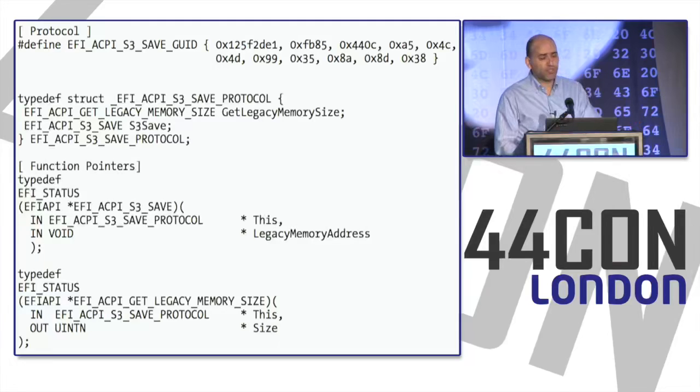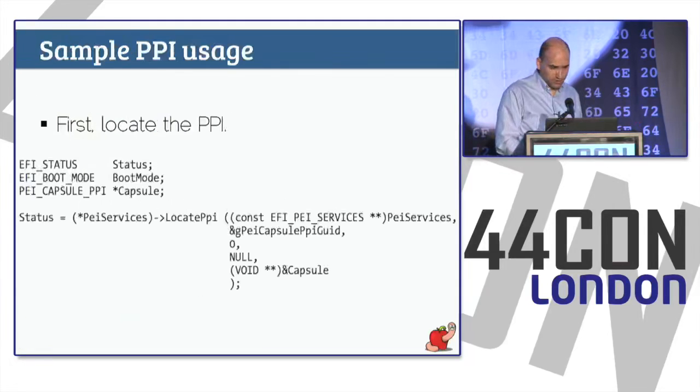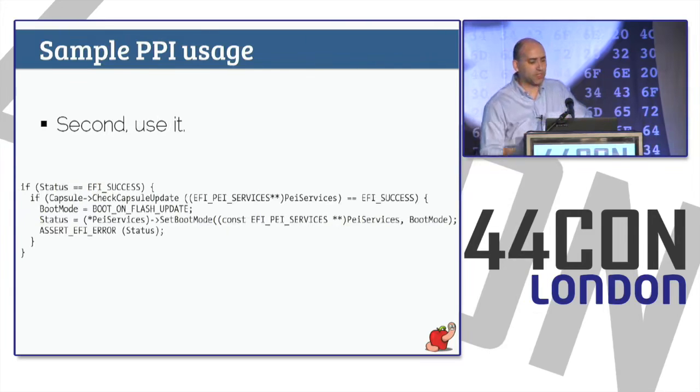So how do you do this? To use, in this case, a PPI, not a protocol, but it's the same, the first thing you do is to locate. You ask EFI, locate me this protocol. You pass the GUID, the identification of the protocol, and you get a function pointer. And this is the function pointer. If everything went well, you can use the service that exists on that protocol.